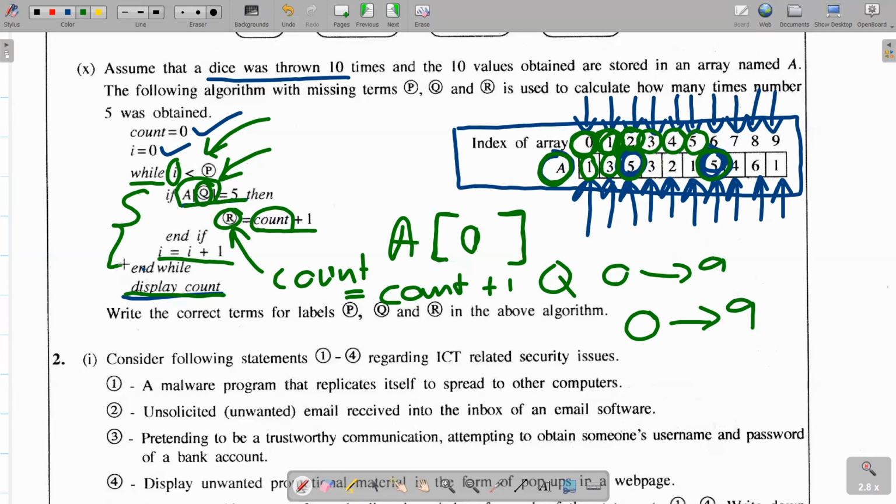So when I is 9, Q is checking A9, which it is supposed to check. Then since A9 is not a 5, you are not going to count it.